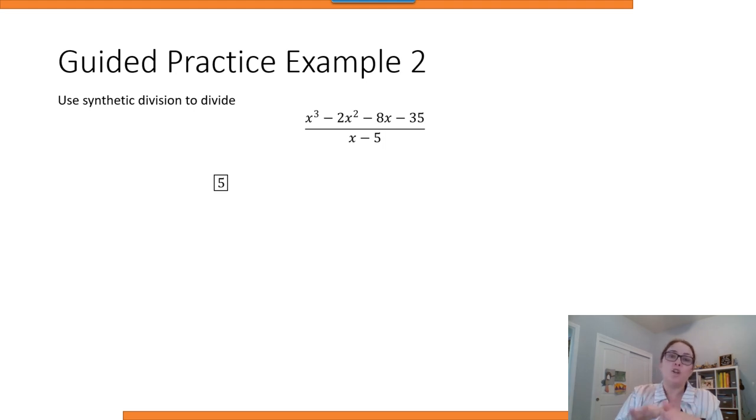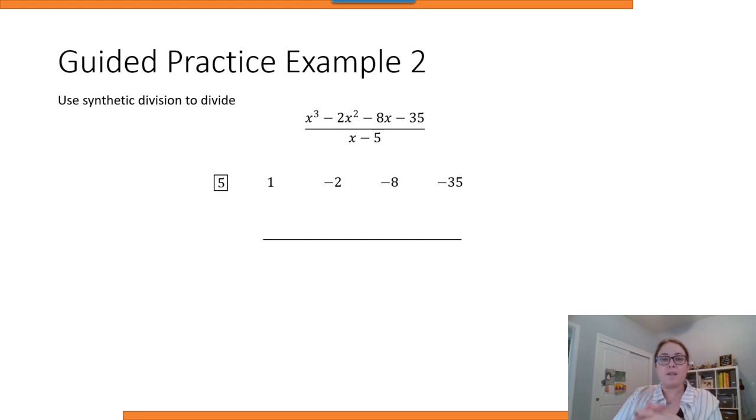So if there had been no x squared term, for instance, and it went from x cubed to x to the first, then I'd need a 0 as a placeholder so that things line up just like we need things to line up in long division. Here I don't have that issue, though. I can get numbers for all of them. And so I have 1, negative 2, negative 8, and negative 35 as the coefficients of the numerator.